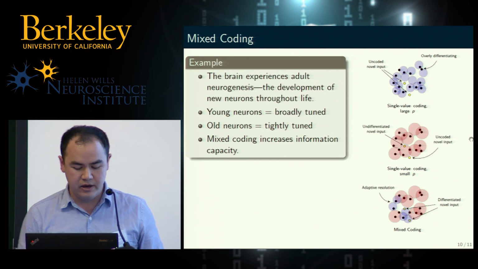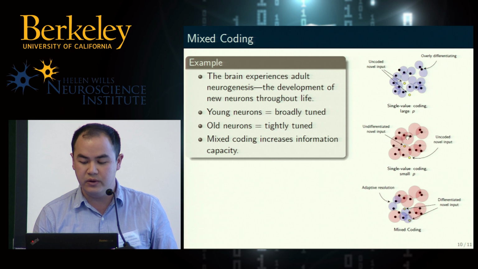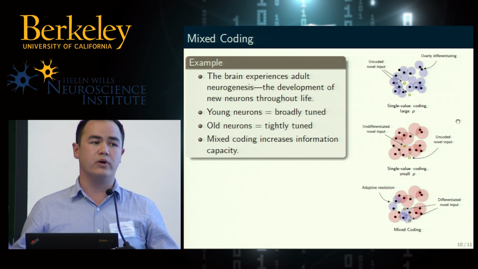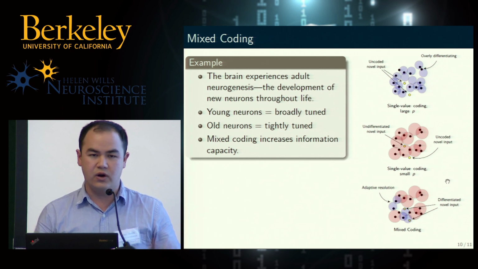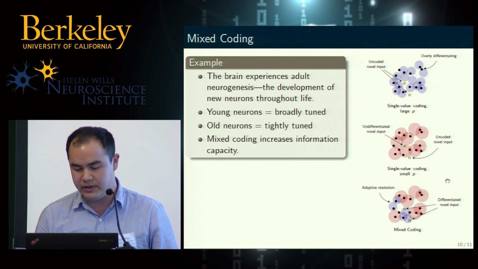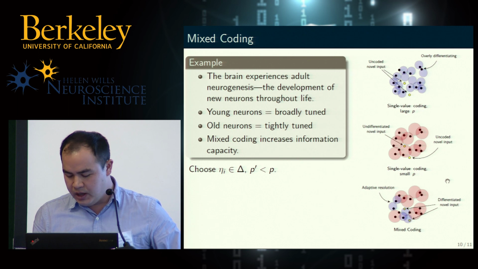If you look at the diagram, with a fixed coding, you can't really adapt to new information, or if old information becomes newly important. But by having a mixture of large and smaller receptive fields, you can adapt to the information as it happens, and we can incorporate this into the model.